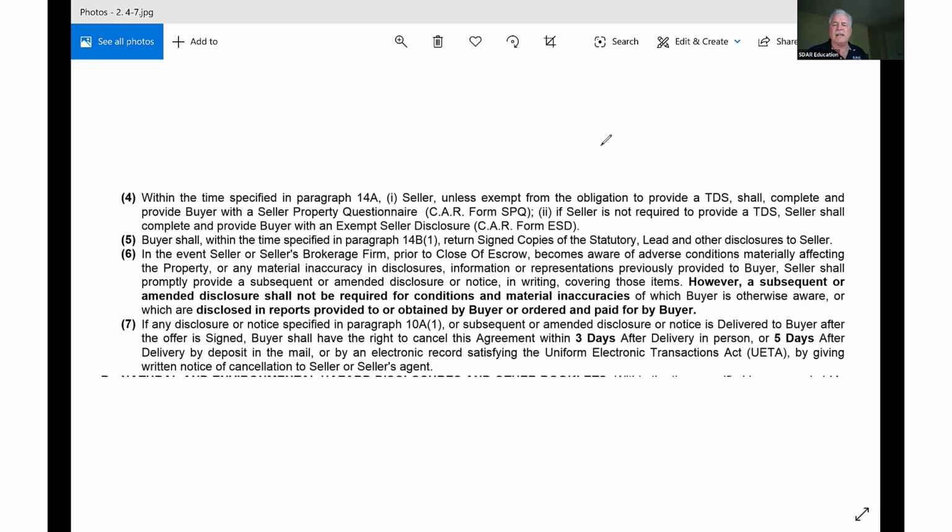This very clearly says that only when the disclosures come in after the offer is signed, and again, when we say offer, we mean buyer, seller, delivery, all that, within 3 days after delivery in person or 5 days after delivery by deposit in the mail, which none of us do anymore, or an electronic record satisfying the UETA by giving written notice of cancellation to the seller or seller's agent.